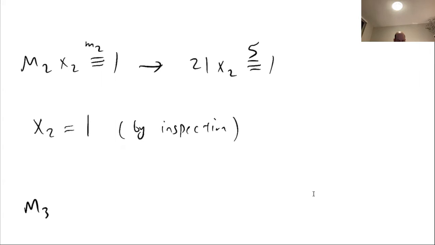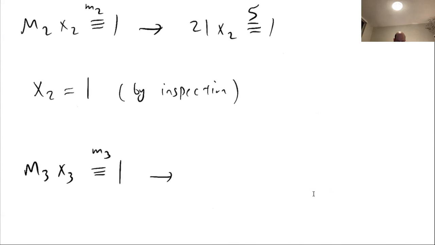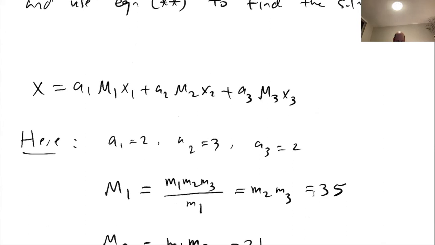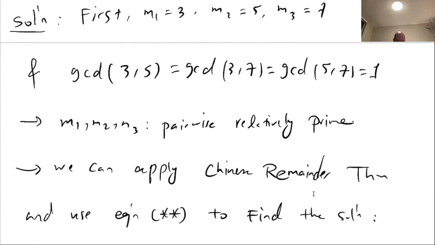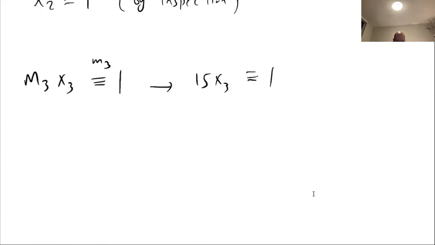Now M3 X3 equals 1 mod small m3. So M3 was 15, and small m3 was 7. So again, X3 equals 1 is a solution.